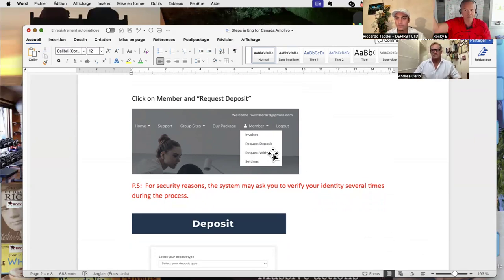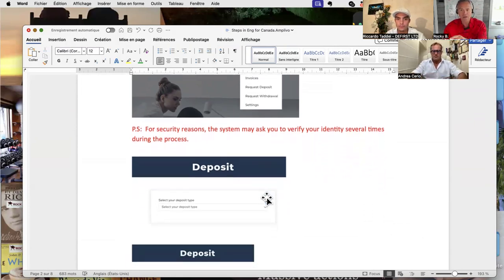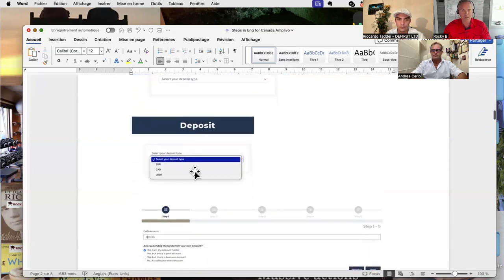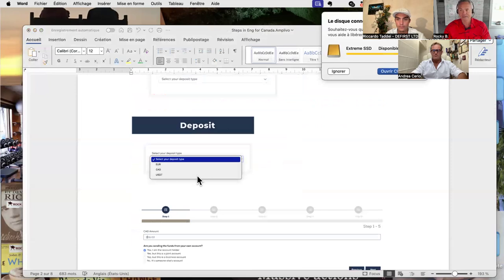So you go on Member, request deposit. Of course, for security reasons, the system may ask you to verify your identity. You click on request deposit. You can deposit in euro, Canadian, or USDT.